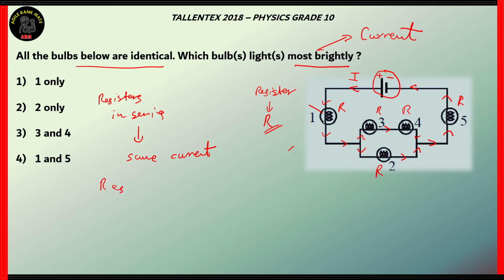However, if these same resistors were connected in parallel, then what happens is they receive a part of the original current.